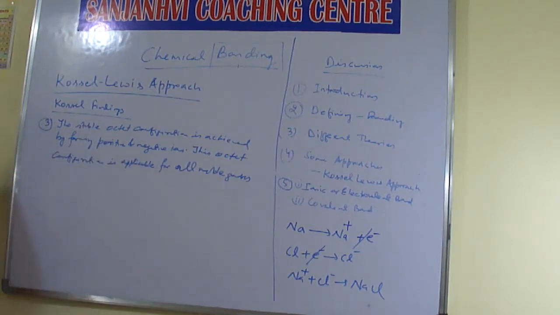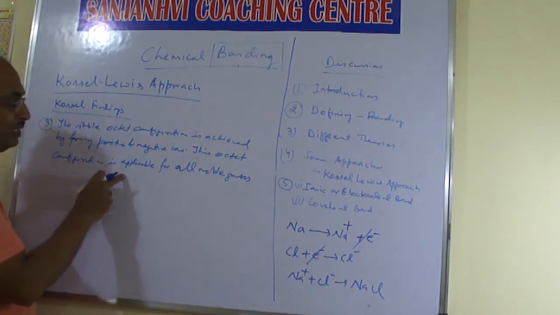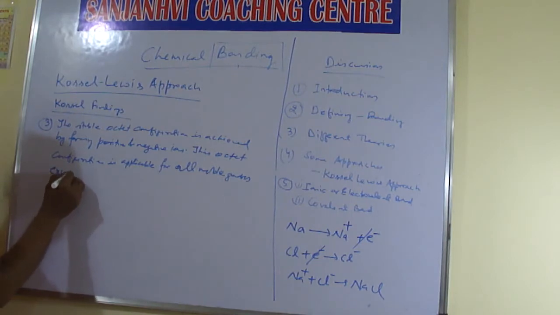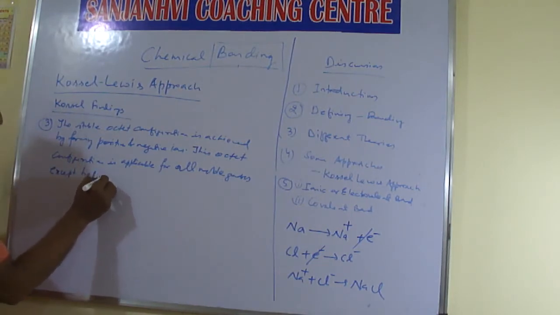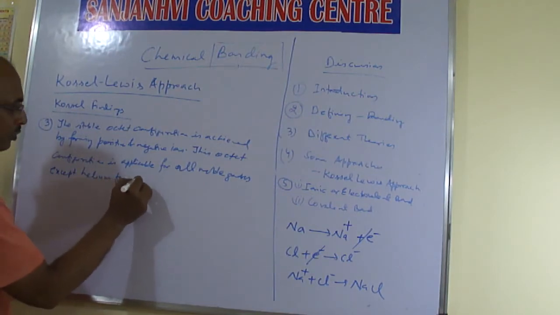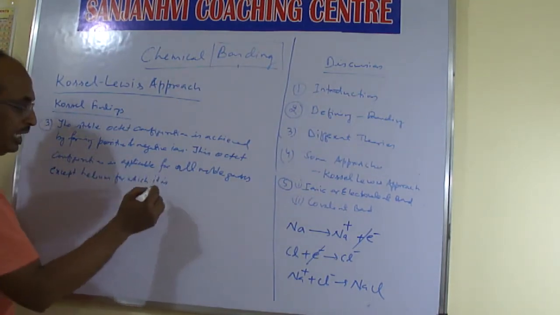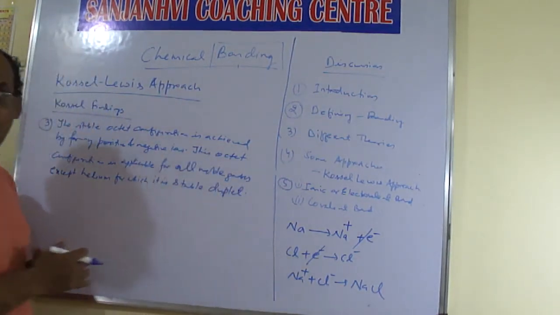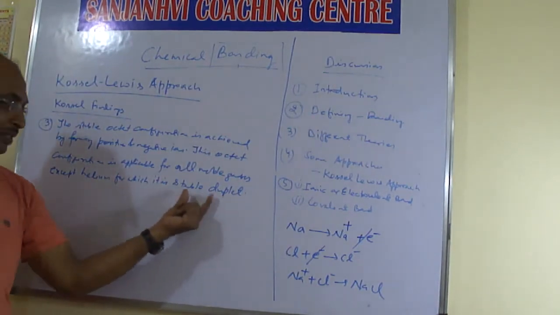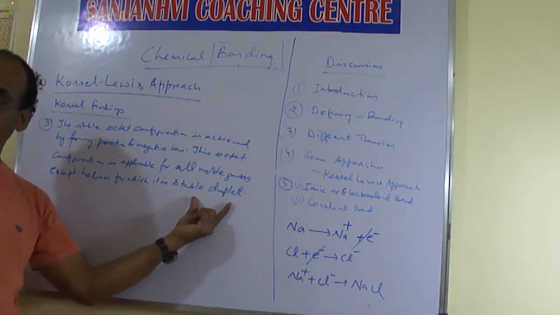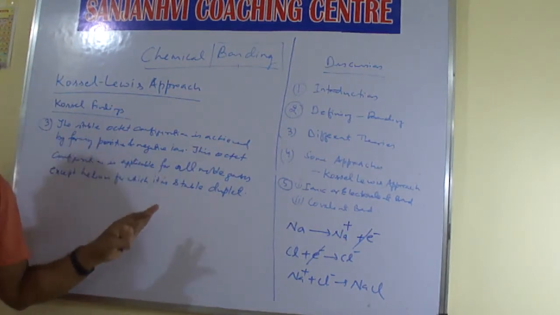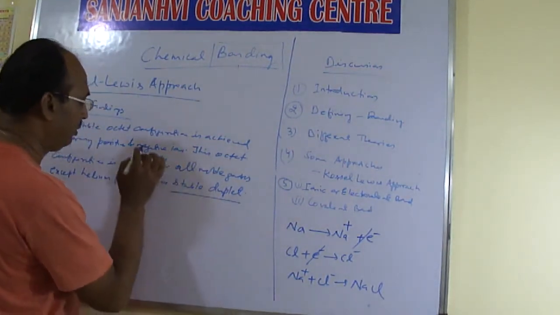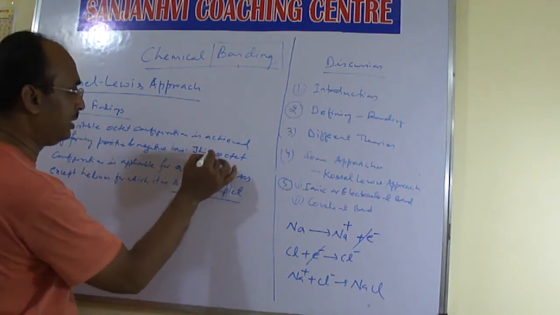Remaining all have an octet of 8 electrons. So this octet configuration is applicable for all noble gases except helium, for which it is a stable duplet. For all other noble gases, it is a stable octet.